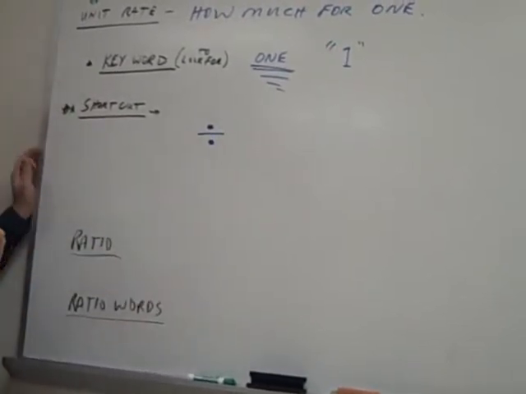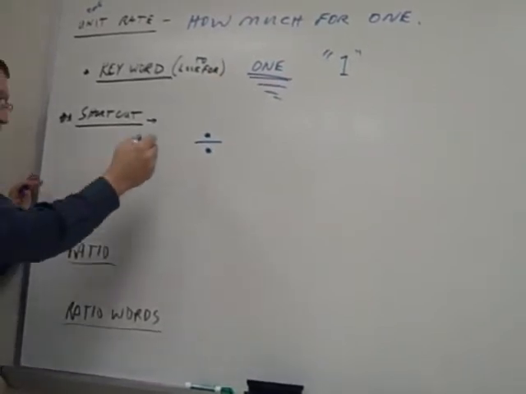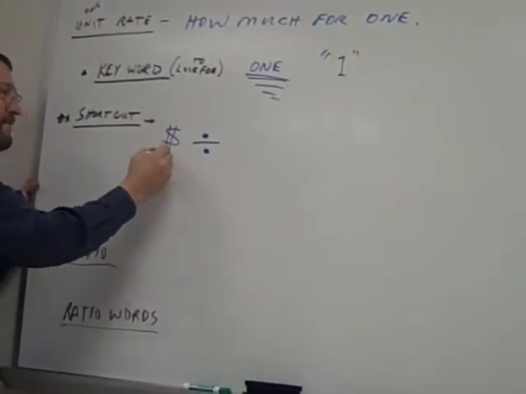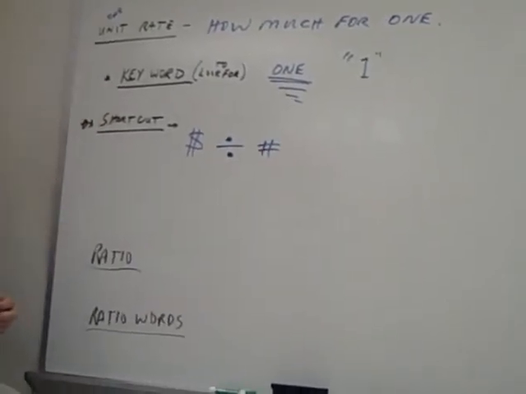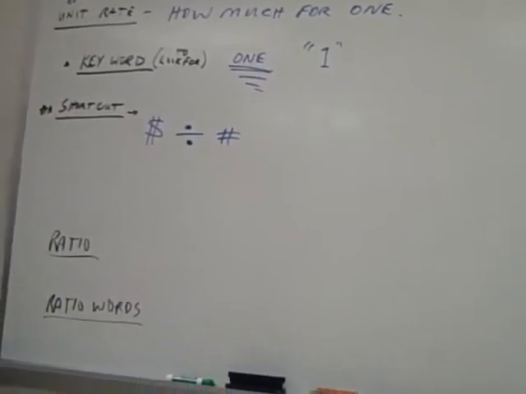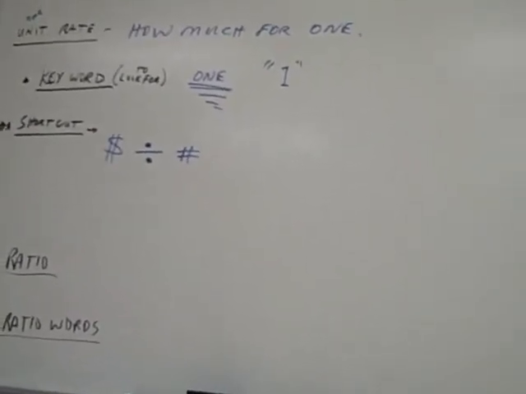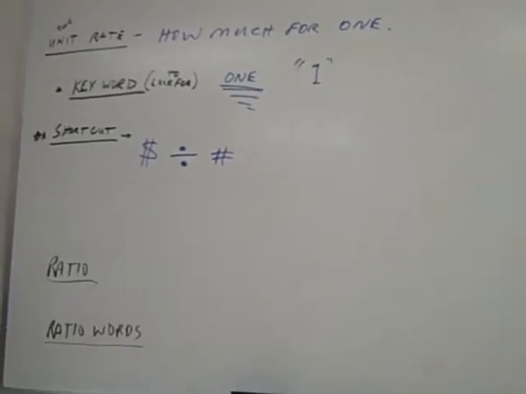But what? If it's a money problem, the cost divided by how many? The total. Y'all remember that? I wrote more words, but I was shortening it. You were probably absent that day.